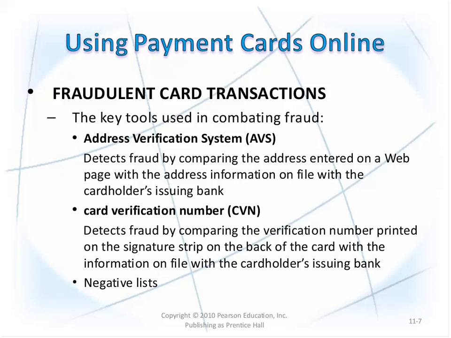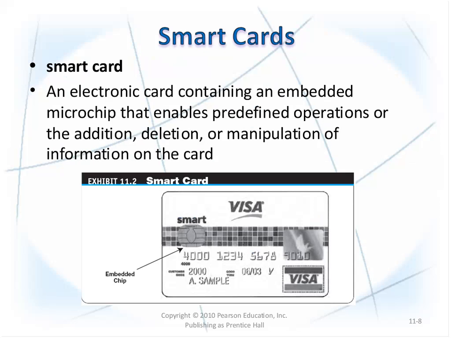These cards that we talked about are smart cards. A smart card is an electronic card containing an embedded microchip that enables predefined operation or the addition, deletion, or manipulation of information on the cards.